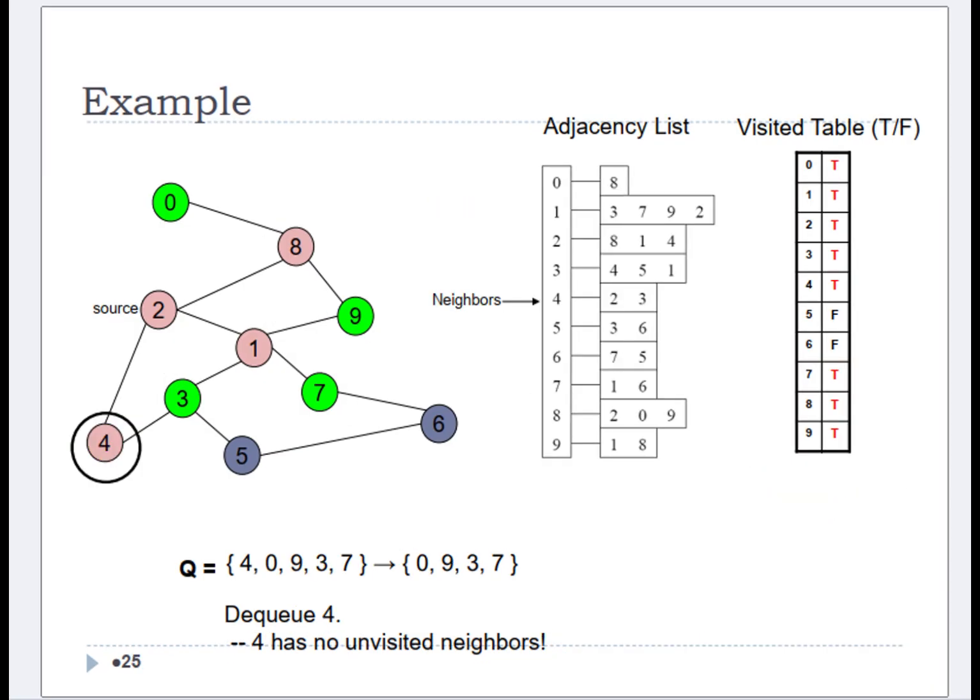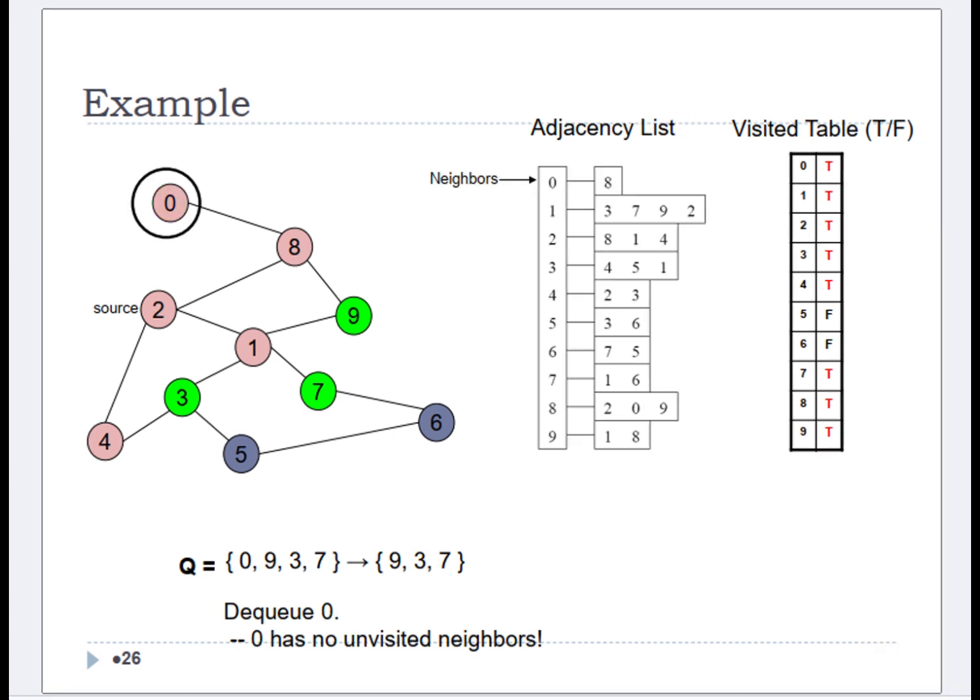Example: adjacency list, visited table T/F, source 0. Q equals 4, 0, 9, 3, 7. Dequeue 4. 4 has no unvisited neighbors.